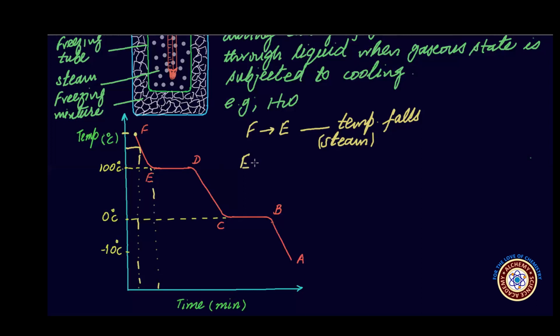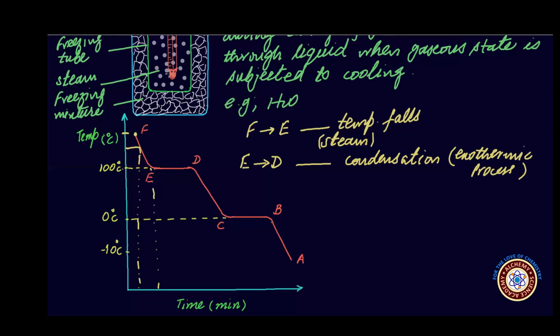So from E to D condensation starts, and since condensation is an exothermic process, whenever condensation occurs, thermal energy is released, meaning heat is given out.